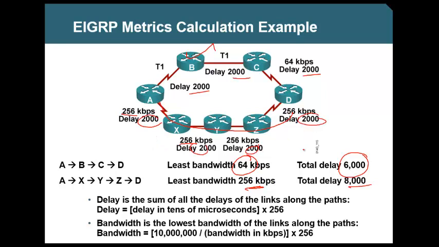So now you apply this to the algorithm and you will get an answer. Compare and then pick the one whose total distance is lower as the primary, the other one as a feasible successor, if the feasibility condition is met.